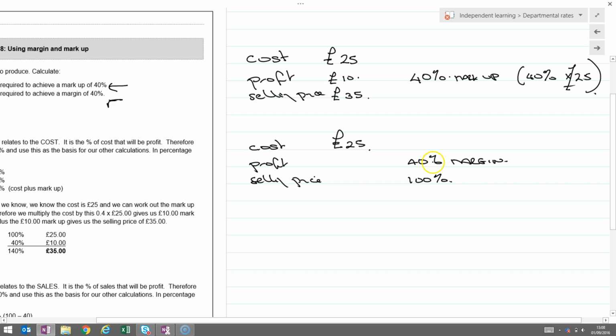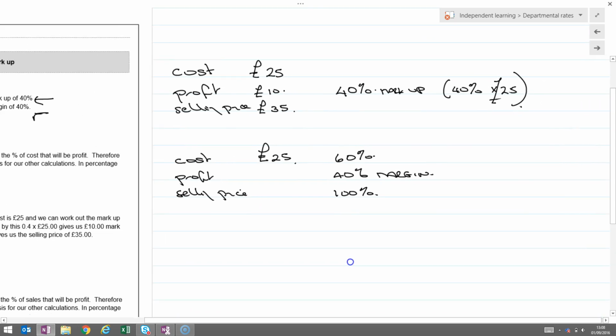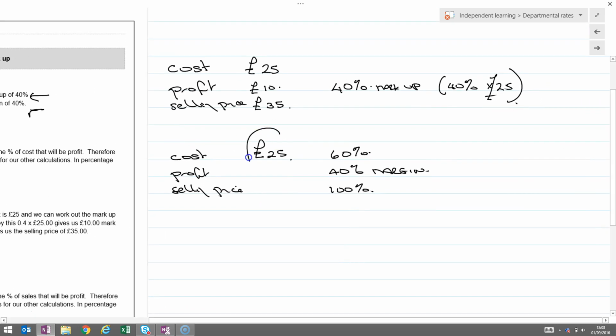Our margin is 40%, so that means that in percentage terms, our cost is the equivalent of 60%, the selling price minus the profit. Now that is going to help us to work out our missing figures. So what we know is that the cost of £25, that's equivalent to 60%.